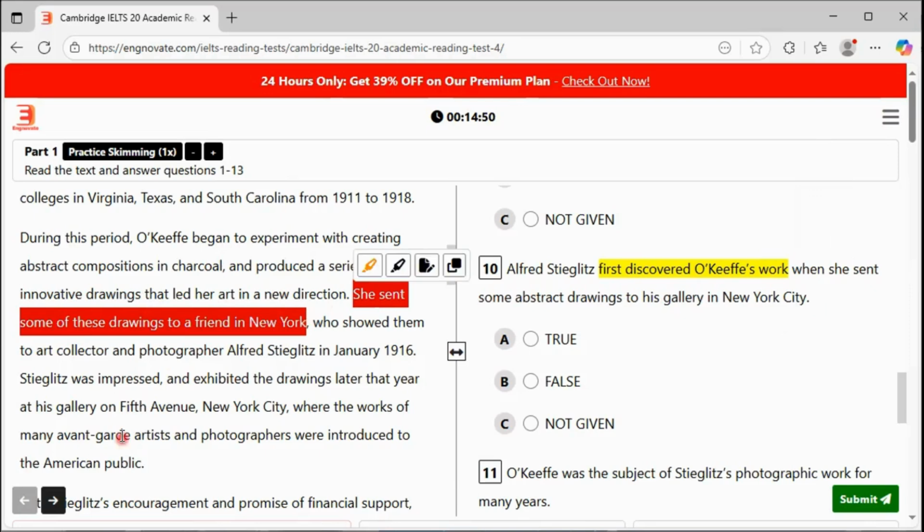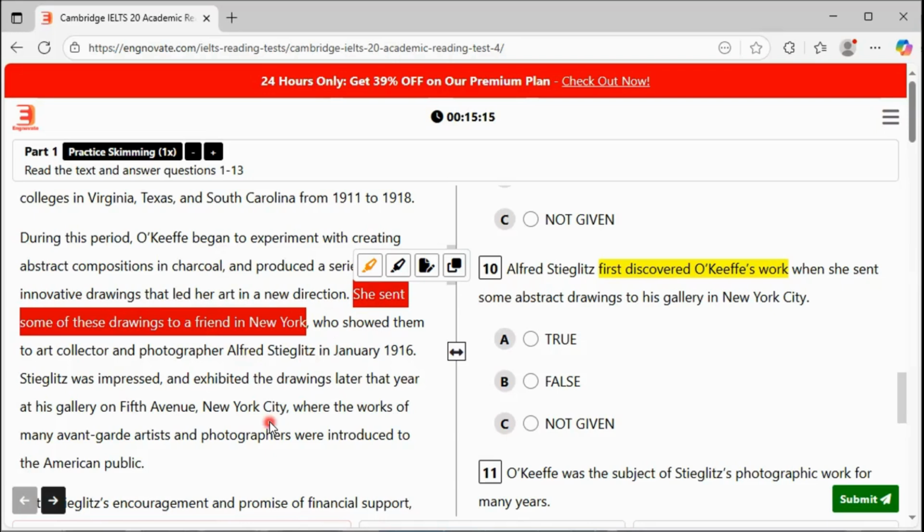Can you see what is happening here? Who did O'Keeffe send that drawing to? She sent it to a friend in New York. And then, that friend showed the drawings to Alfred Stieglitz.